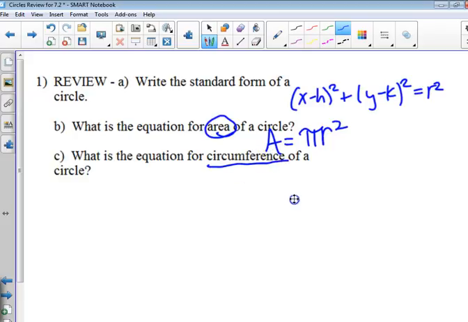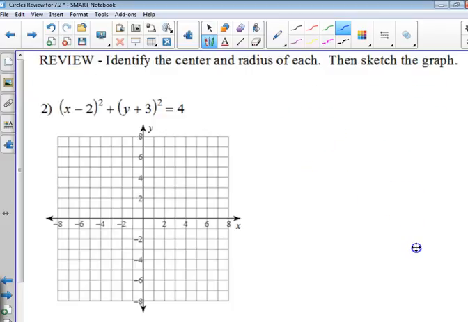Circumference or perimeter of a circle, distance around the outside, is not square units. So it's just 2 times pi times r. Or diameter times pi, exactly. That's the way I remembered it too. But you will learn in calculus that this is the derivative of this. Oh, it'll be a wonderful moment when you get there. Okay. Number 2. So tell me what we know about this so we can graph it fast.